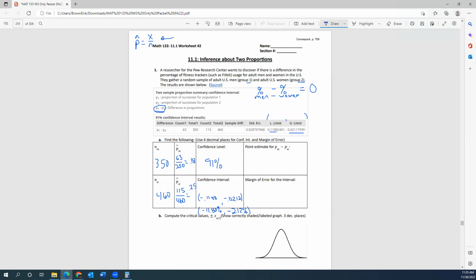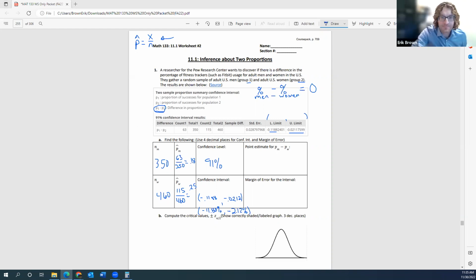Men. Okay, why do you think men? Because on the one on the men, it says 91%, and the confidence interval for the women, 91% blows it out of the park. Okay, let me change your thinking. Remember the direction we're subtracting the percentages. We took a sample of men and found the percent using it. We took another sample of the women and found the percent of them using it. And then we subtracted the two, right?